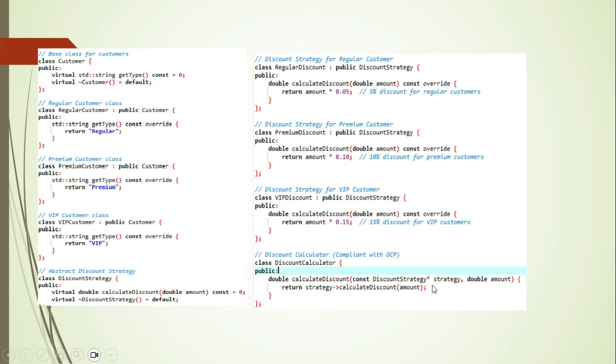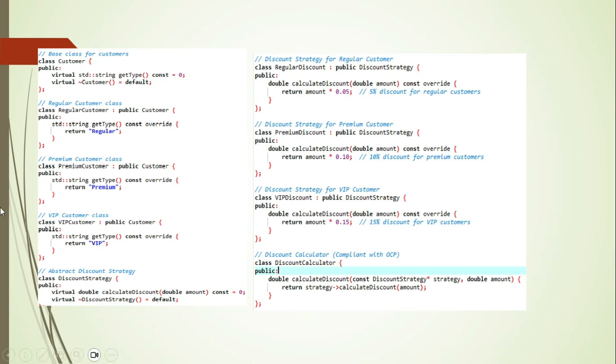The discount strategy is an abstract base class that defines the common interface for all the different discount strategies, such as regular, premium, etc. The strategy is a pointer to an object of a class derived from this discount strategy.